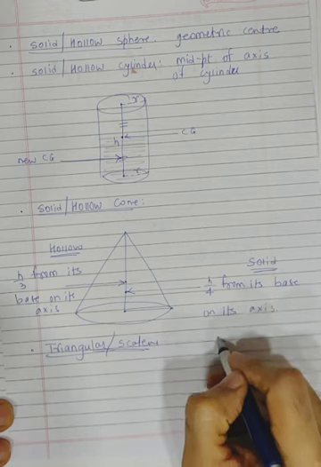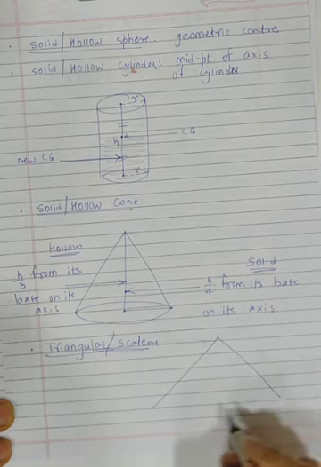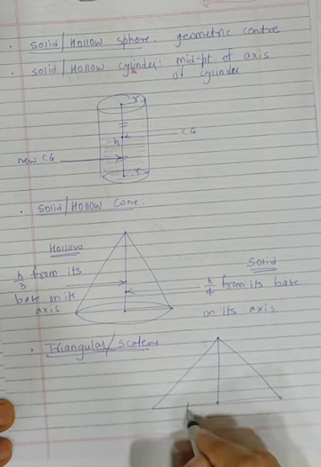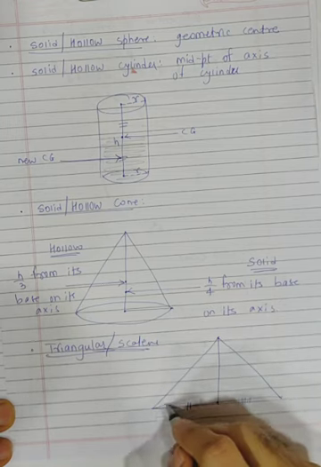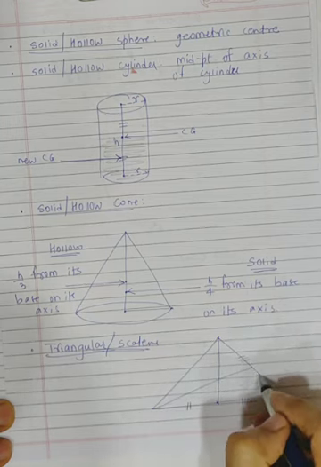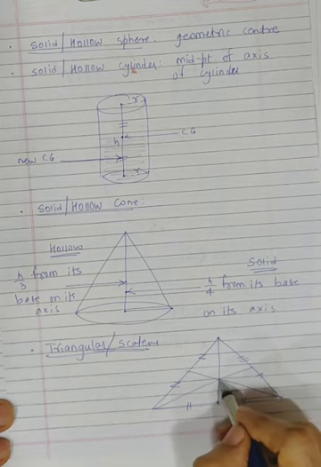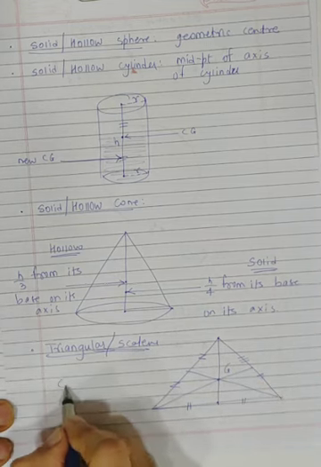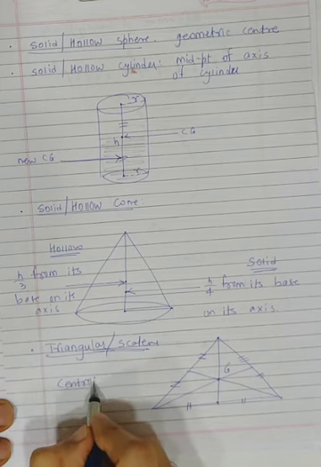So if you know what a median is, what do you mean by median? Starting from the vertex, it will meet at the midpoint. Again, starting from the vertex, it will meet at the midpoint. Starting from the vertex, it will meet at its midpoint. That point is called as what? Center of gravity. If you know, there is also a technical term for that point, centroid.